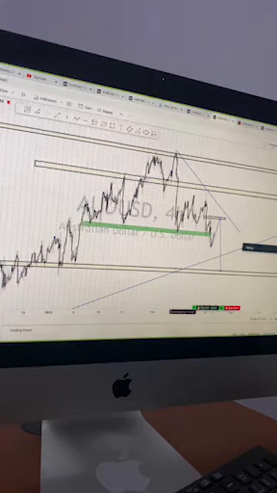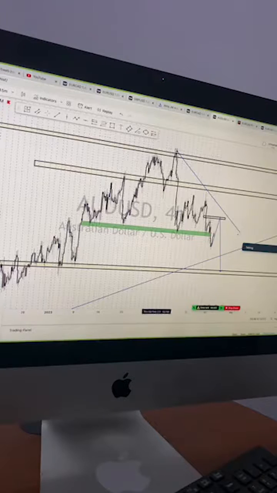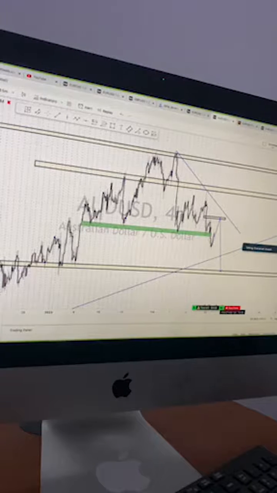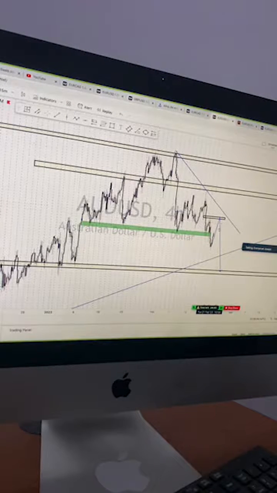But before, were you seeing AUD USD? Yes, sir. Are you sure you're seeing AUD USD? Okay. Alright, so back to what I was saying. Yes, let's close it.